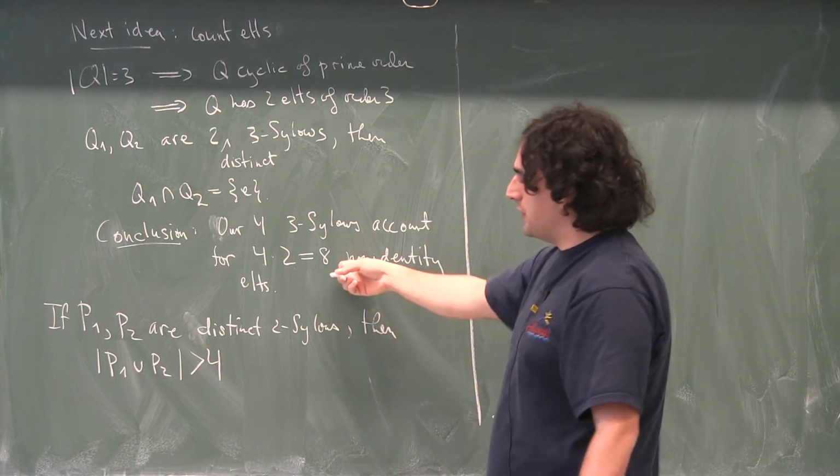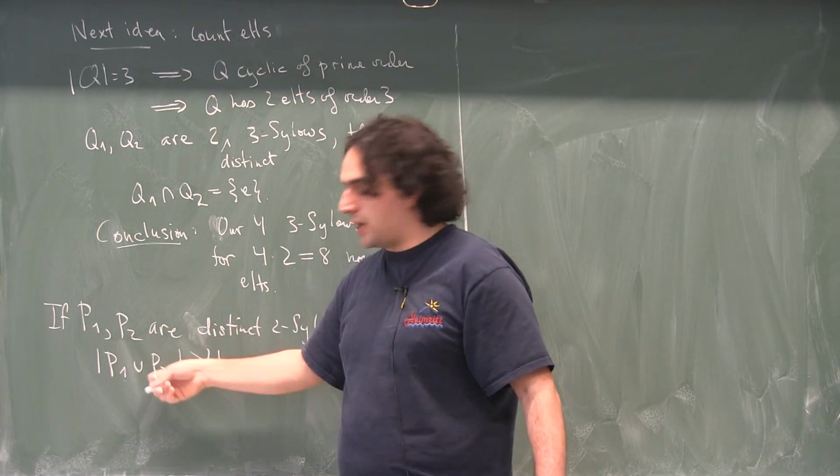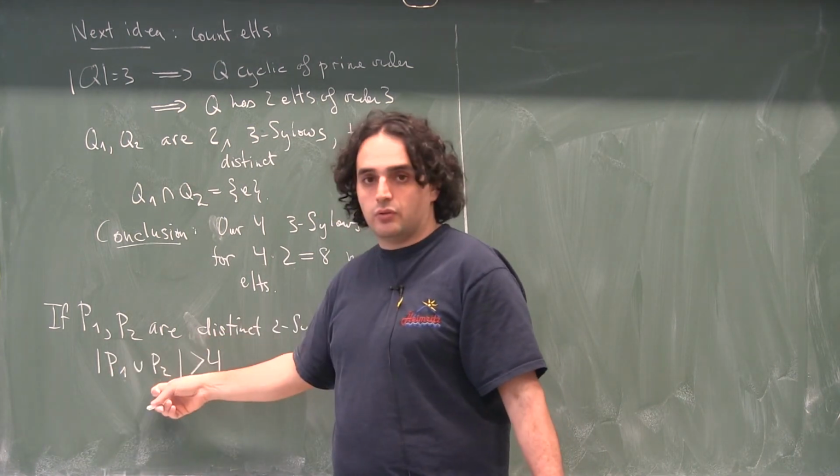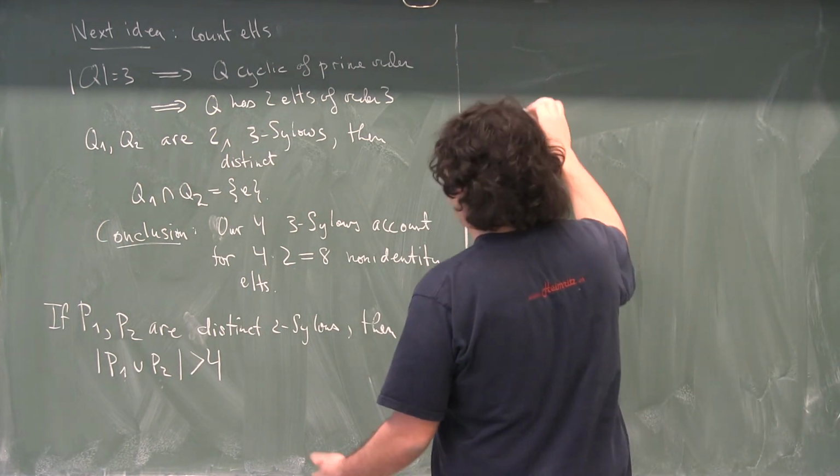Now, these elements of order 3 are nowhere to be seen here because these have order 4. You cannot have an element of order 3 in a subgroup of order 4 by Lagrange's theorem.